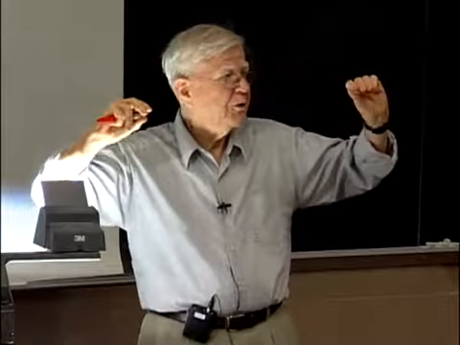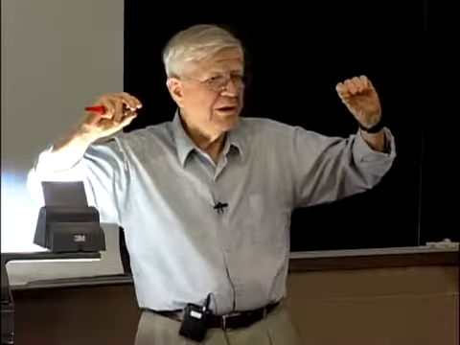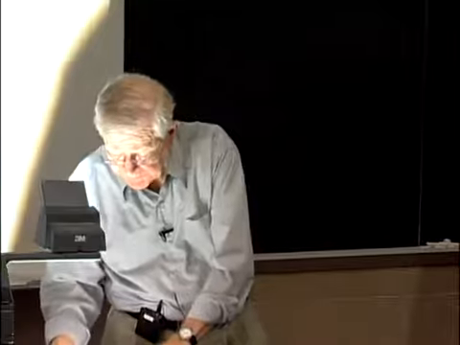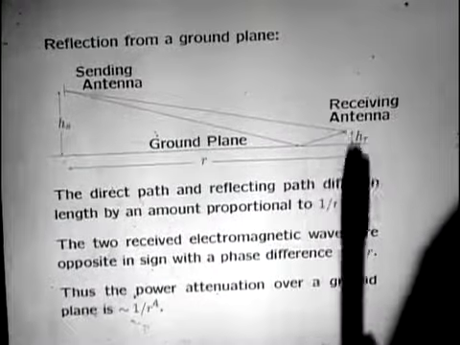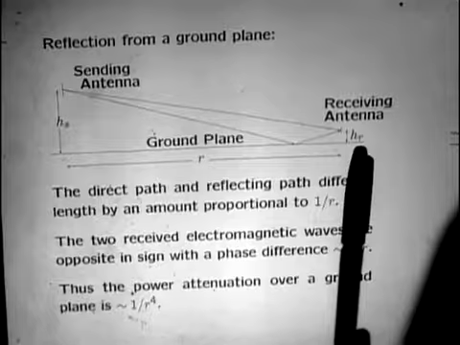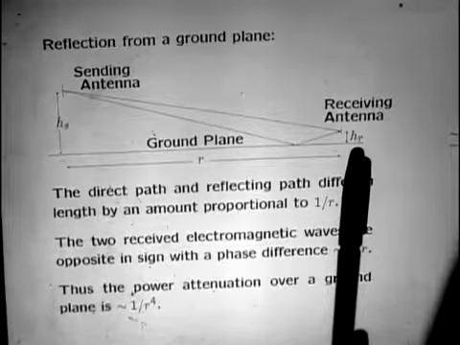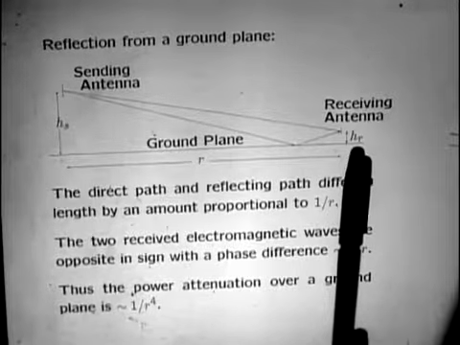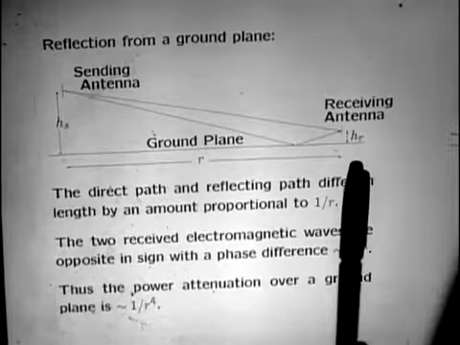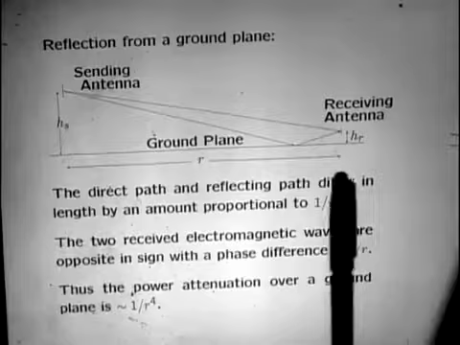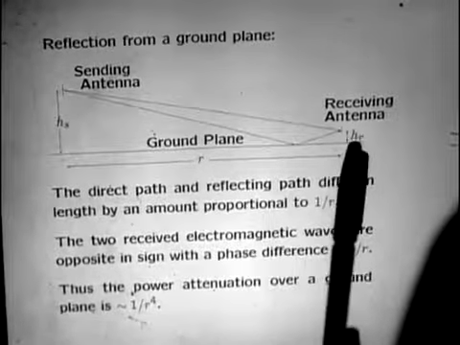And when they're much closer than one wavelength to each other, the thing that happens is that we get this usual reflection in the electric field here. So this field and this field are going to be canceling each other. And they'll be canceling each other except for this phase difference, which is proportional to 1 over R. And the phase difference, which is proportional to 1 over R, is the only thing that gives us any power here at all.